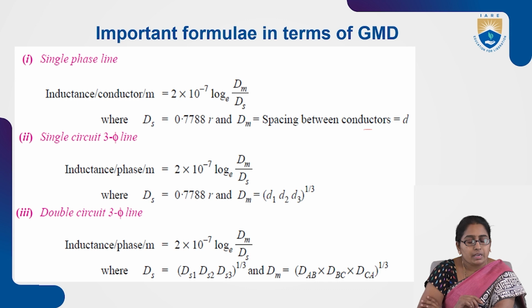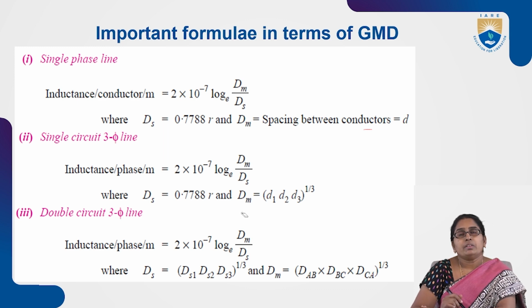Next, a three phase line. First, the single circuit three phase line. The inductance expression per phase per meter length is 2 into 10 power minus 7 log base e Dm by Ds, where Dm is the mutual GMD for a single circuit three phase line. It is given by the cube root of D1 D2 D3.